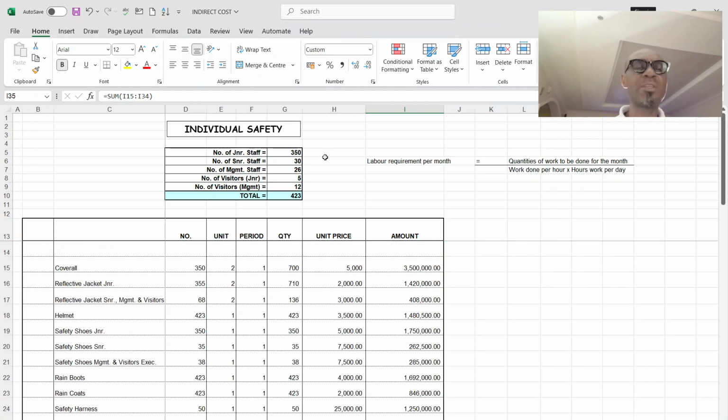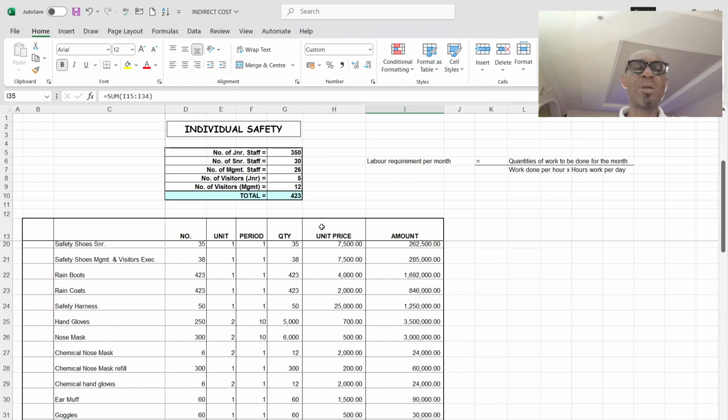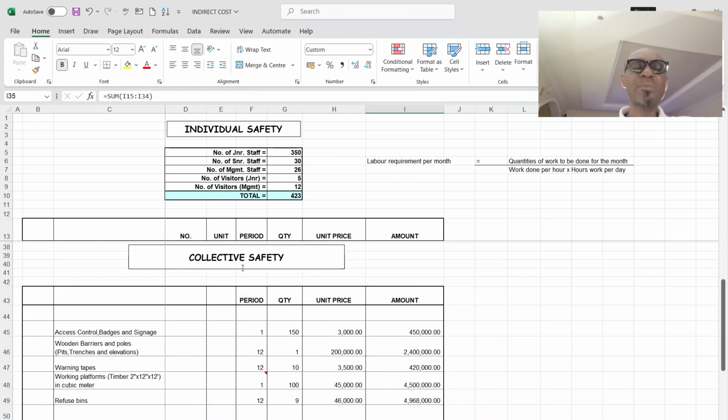The individual safety has to do with those gears provided for individuals to ensure that they are safe during the course of their work on the site, while the collective safety is safety provided for everybody working within the site. You ask, what is this collective safety all about?